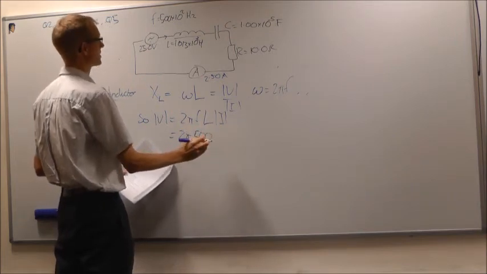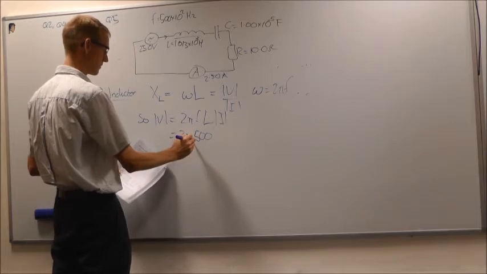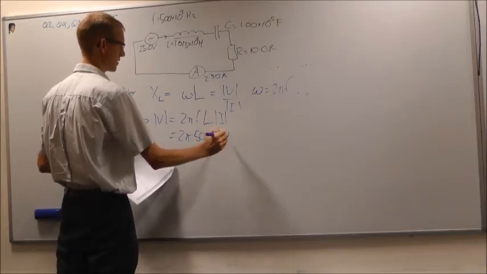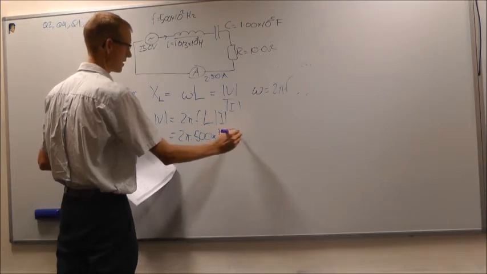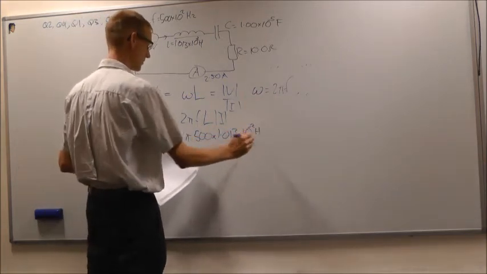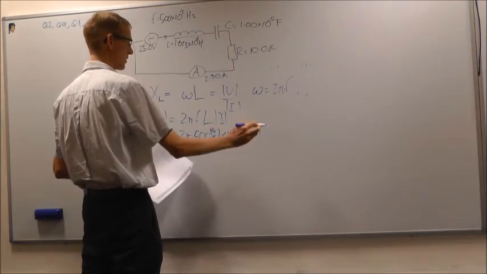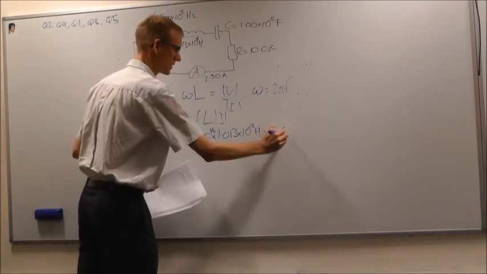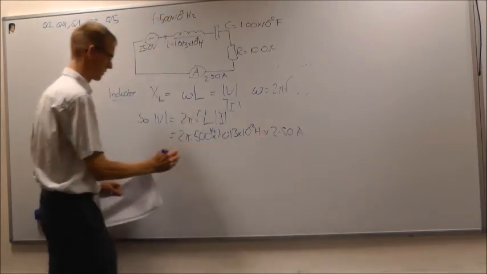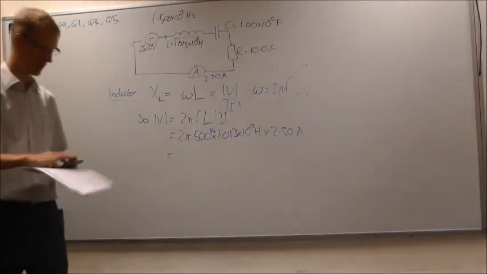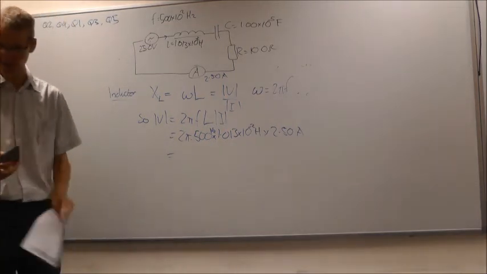So that's 2 pi times 500 hertz times L, which is 1.013 times 10 to the minus 2 henries, times my current, 2.50 amps. What does that come out as? Time for the calculator.